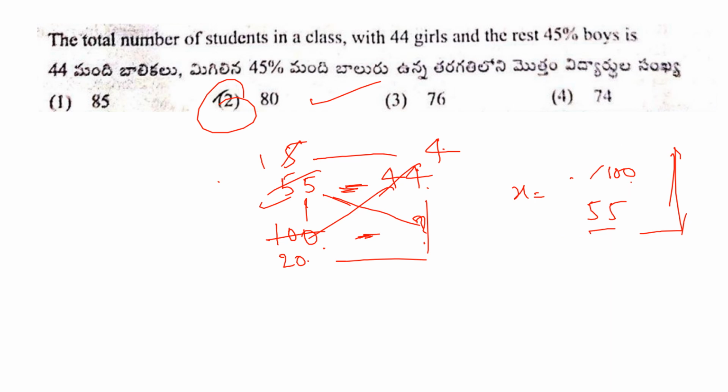You have to understand what 55% is. 55% of girls in the class, 55% value is 44. You have to write like this only: 55%, and here also 100%. You need to write 100 below 55% only. You can't write 100 here, because here we need to find this value. This should be x.